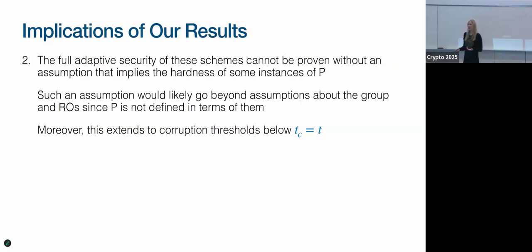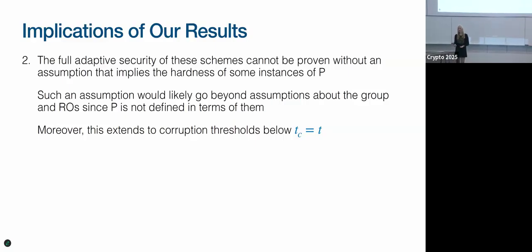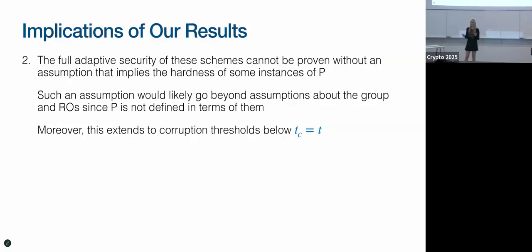There is a small caveat here that it could be implied, for example, by discrete log if it's shown to be NP hard, but then the problem would need to be NP hard plus the specific instance with the random alpha. So again, for the sake of this talk, just assume we need a new assumption. And again, this assumption would go beyond group operations and random oracles, since P is not defined in them.